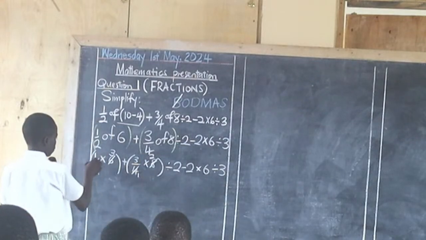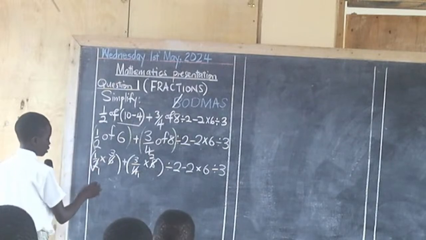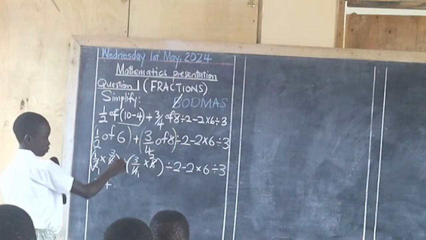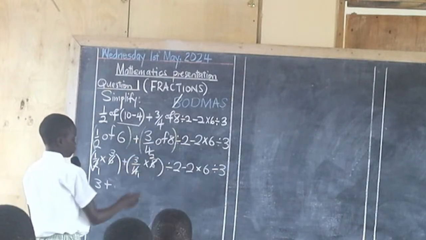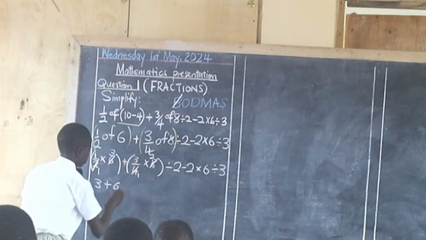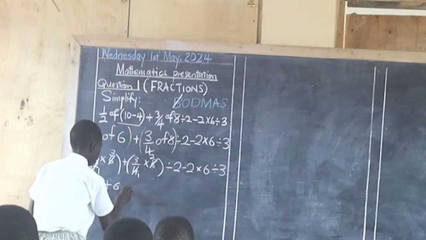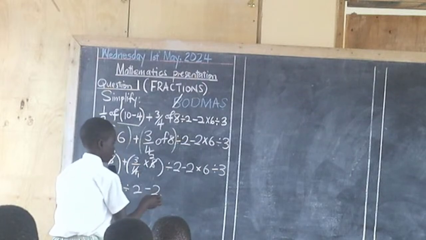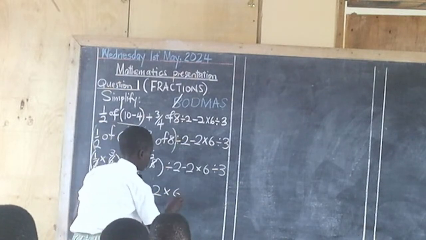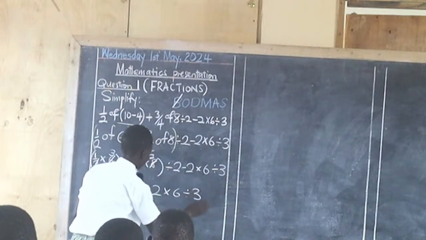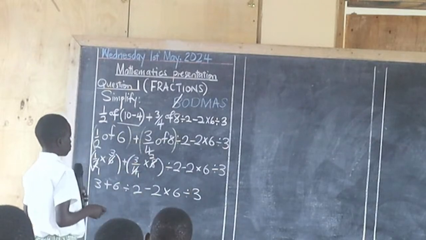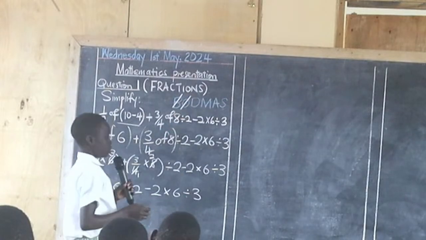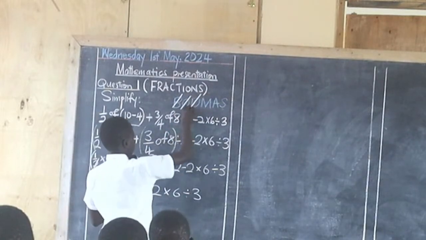We multiply 1 times 3, so it's 3 plus, we still carry our operation. 3 times 2, 6. Continue here: divide by 2 minus 2 multiply by 6 divide by 3. So we have finished the of.